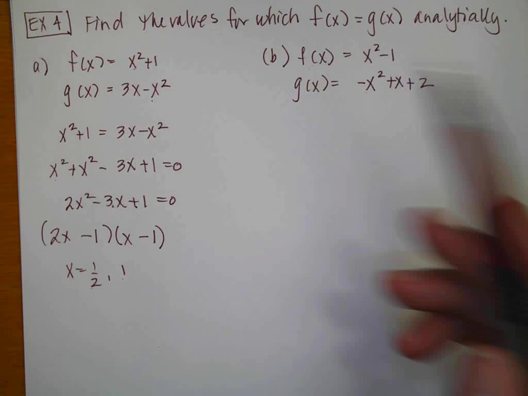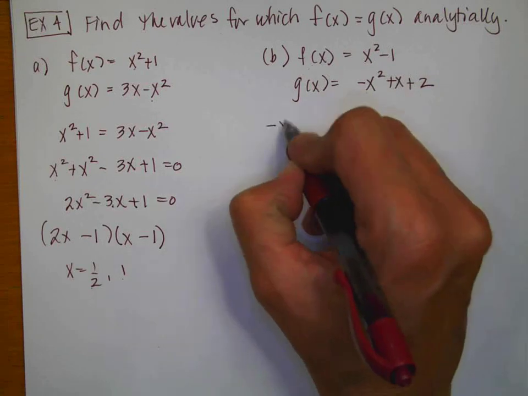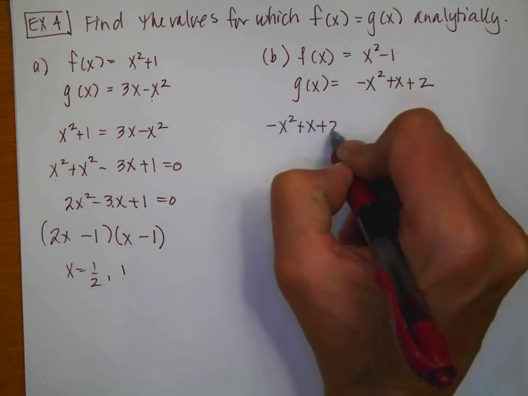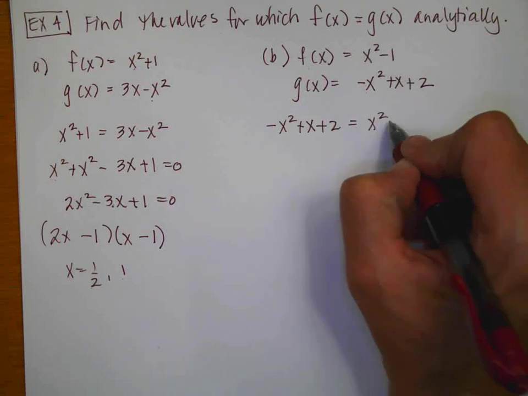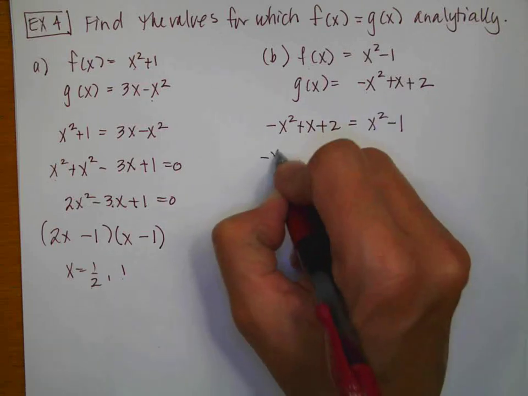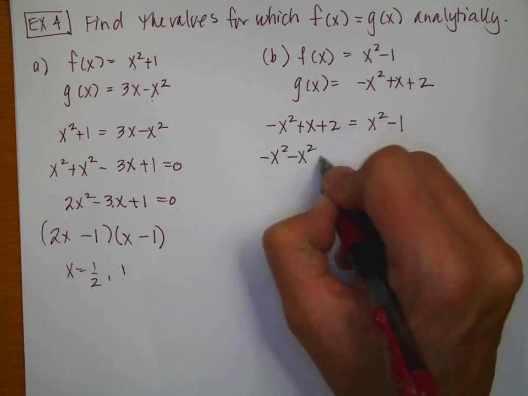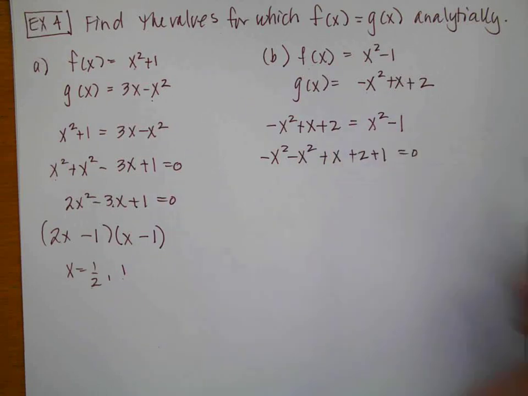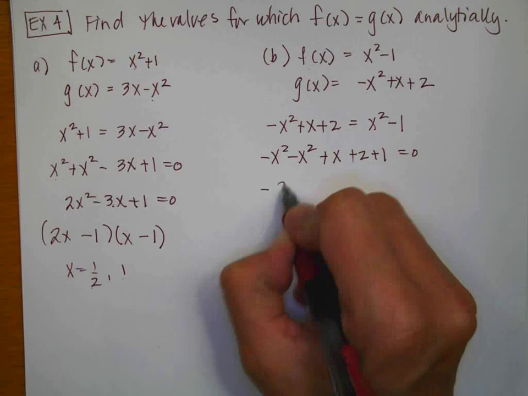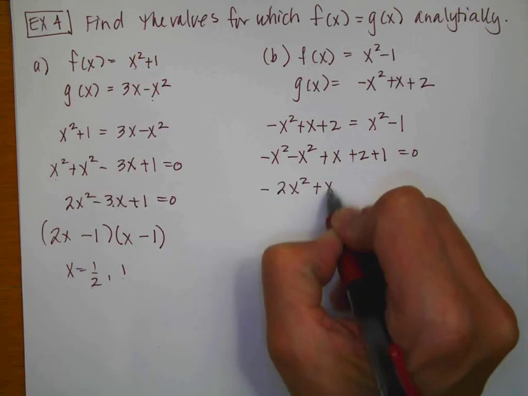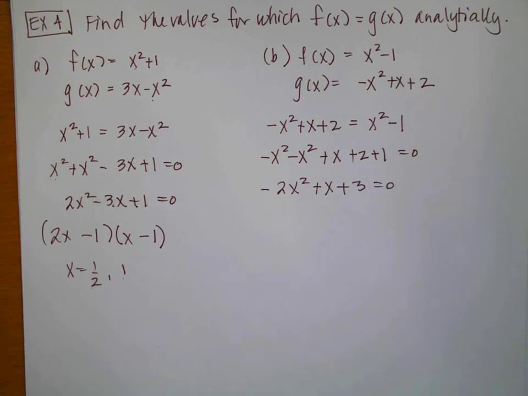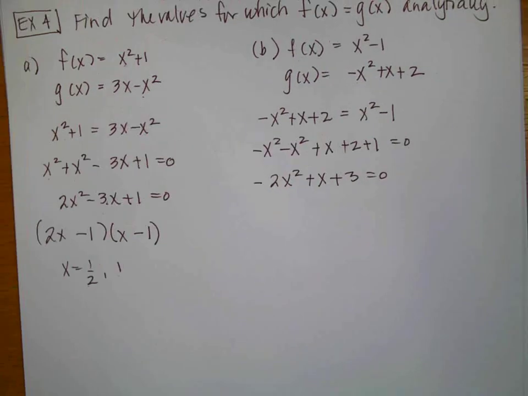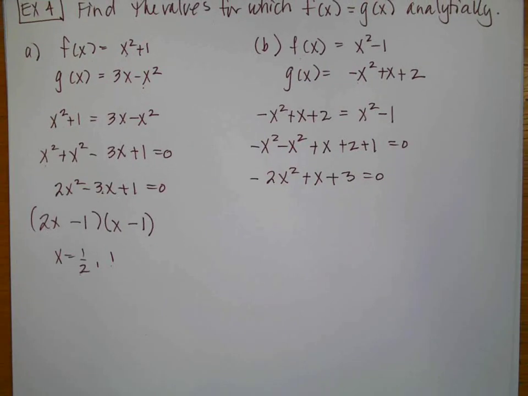I want to find out what x values are going to let these two have the same output. So I'm going to do negative x squared plus x plus 2 equals x squared minus 1. Negative x squared minus x squared plus x plus 2 plus 1 is 0. And I have negative 2x squared plus x plus 3 is equal to 0.